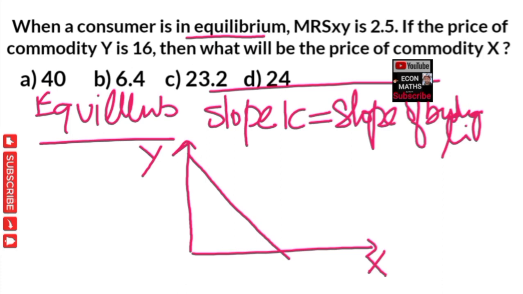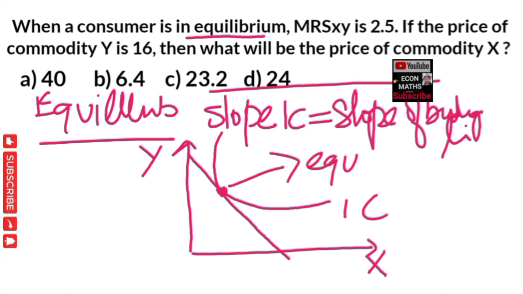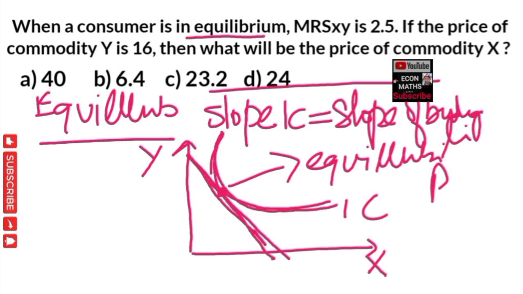The budget line should be tangent to the indifference curve. That means this point should be the equilibrium point, because this budget line is tangent to this indifference curve.